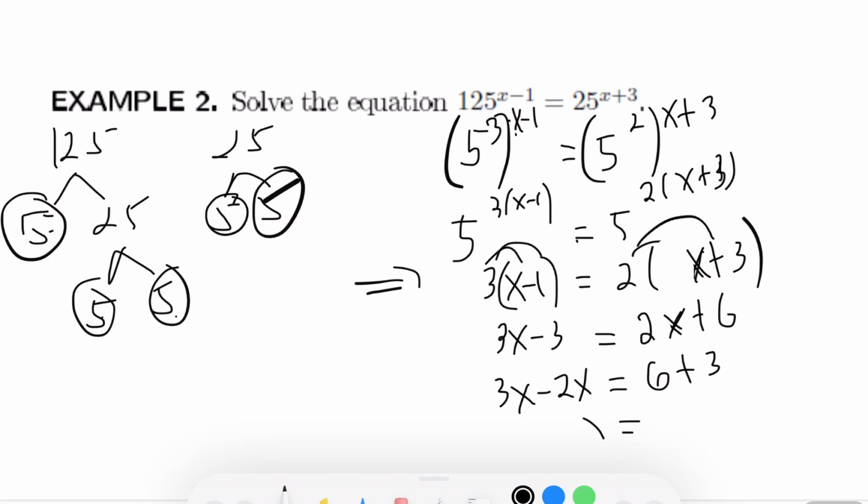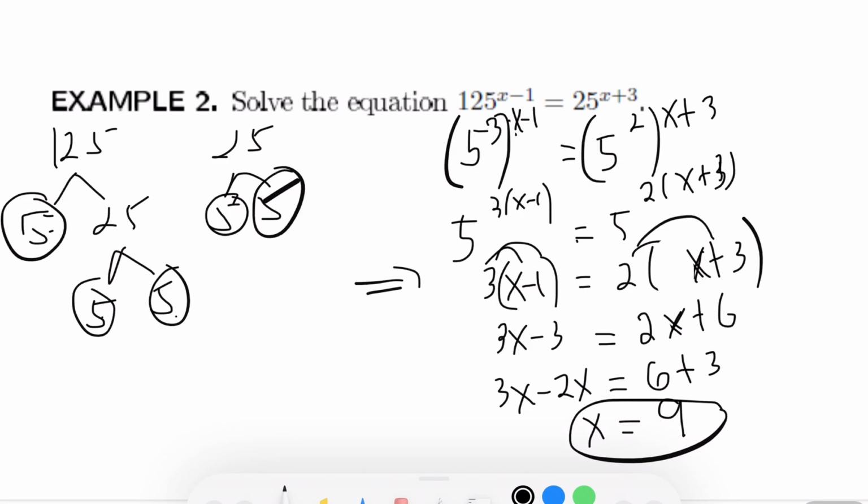So this is x equals what? 9. So is this correct? You can use substitution. So x equals 9. You can use substitution to check if your answer is correct.